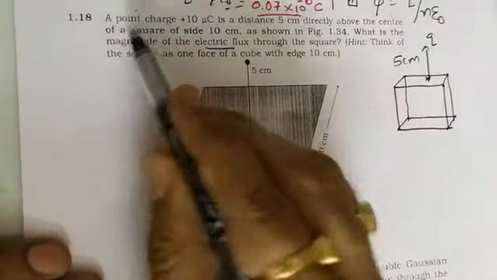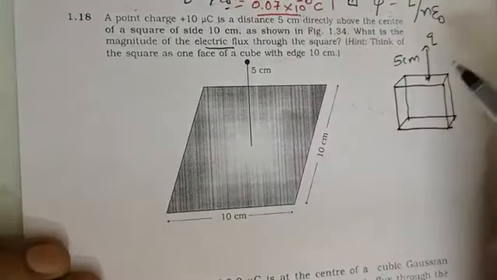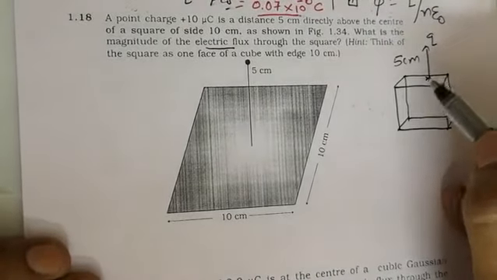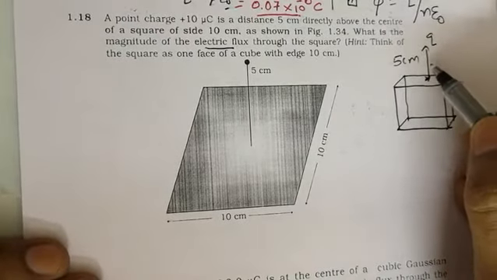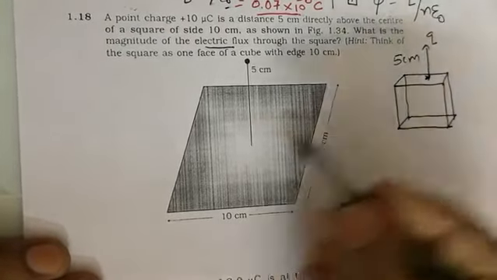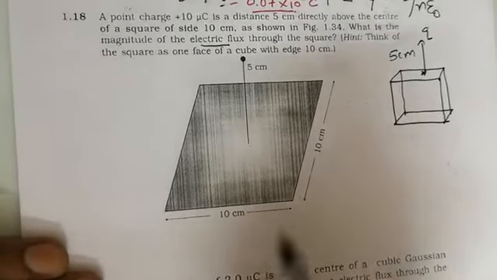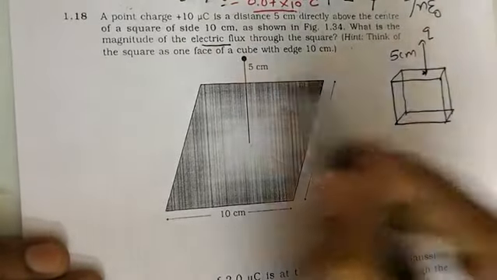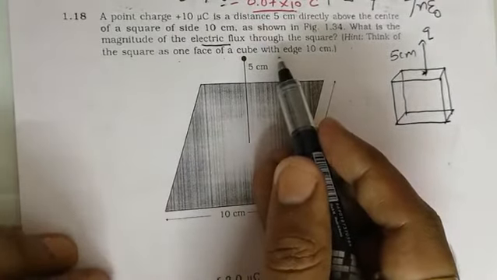Okay, so a point charge plus 10 microcoulomb is at a distance of 5 centimeter above the cuboid, and its center would be there. This is a cuboid. If you view it from the top view, it is giving us such type of figure. That is why I'm using this word tricky. In the hint, think of the square as one of the faces of a cube of edge 10 centimeter.